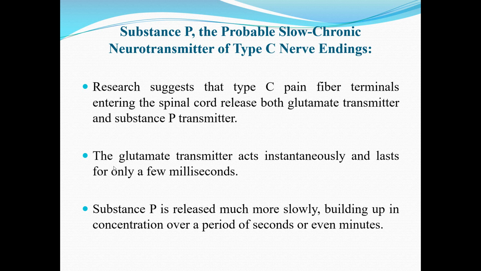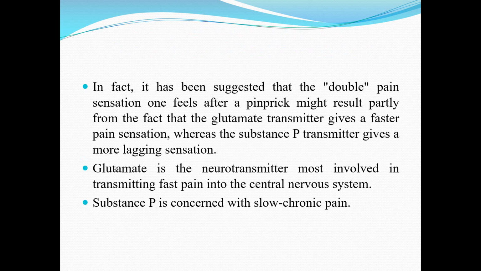Substance P. The research suggests that type C pain fiber terminals entering the spinal cord release both glutamate as well as substance P transmitter. The glutamate transmitter acts instantaneously, rapidly, and lasts only for a few milliseconds, whereas substance P is released very slowly, and its concentration builds over periods of seconds or even minutes.